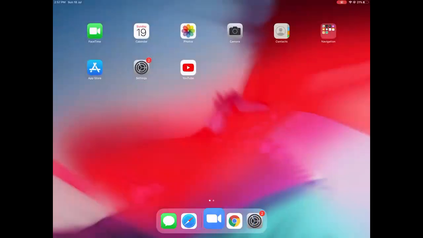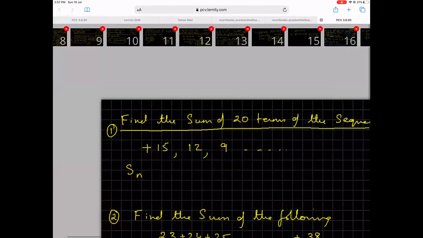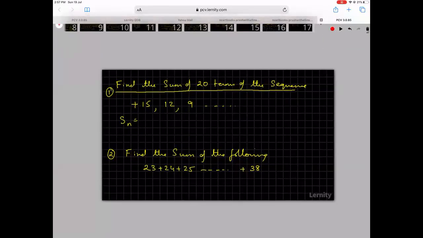Okay, let us see. So if I have to do, Sn is equal to n by 2 into (2a plus (n minus 1) into d). So let me see, n is how much? 20. So 20 by 2 into 2a, 2a is how much? 30, plus 19 into d. What is d? d is minus 3. So 19 into minus 3 is how much?